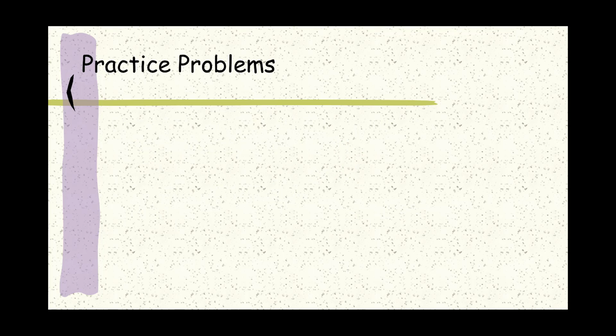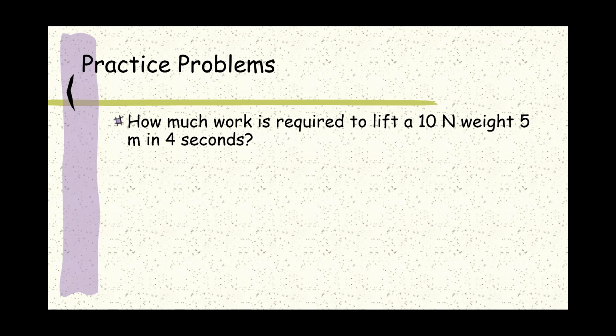So, a few practice problems. If we want to calculate things like how much work is done to lift a 10 newton weight 5 meters in the air in 4 seconds. First off, this time is irrelevant. Work is not dependent on how quickly you do the work. So the only thing we need is the force applied to lift and the displacement that it's caused.